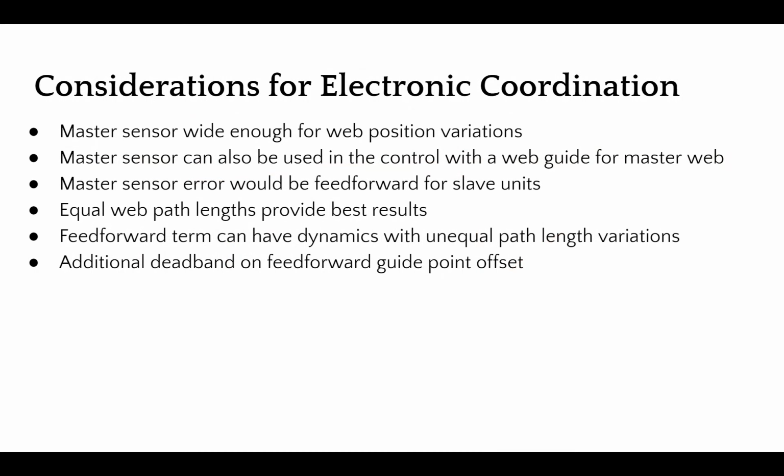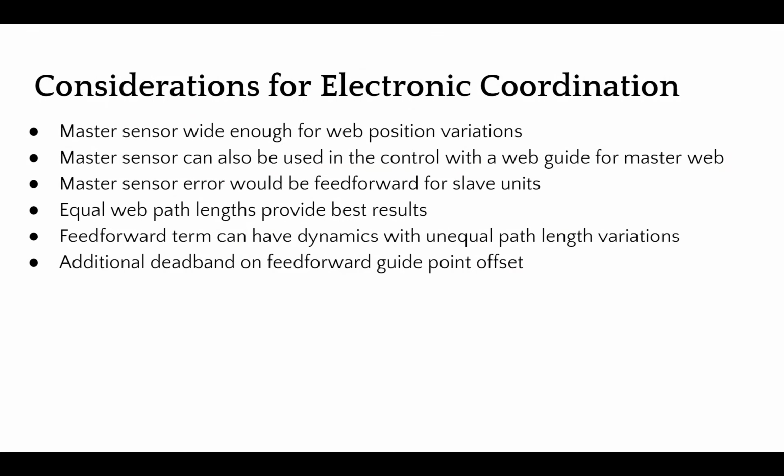For web path lengths, it would be best if the web path lengths are the same. This would provide the best results so that you don't have any delay. This is usually not an issue for steady state errors. But if you have sinusoidal or non-steady state errors, that's when the web path length needs to be ideal.